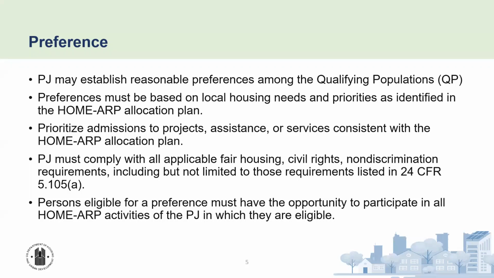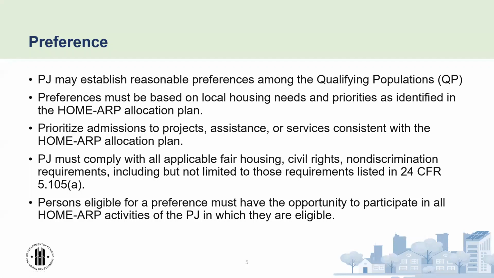For example, a PJ may set a preference among qualifying individuals and families for HOME-ARP non-congregate shelter for individuals and families who are homeless or who are fleeing or attempting to flee domestic violence, dating violence, sexual assault, or human trafficking. Or they could set a preference for veterans and families with a veteran family member that meet the criteria of one of these qualifying populations. And it's all got to be consistent with its HOME-ARP allocation plan.